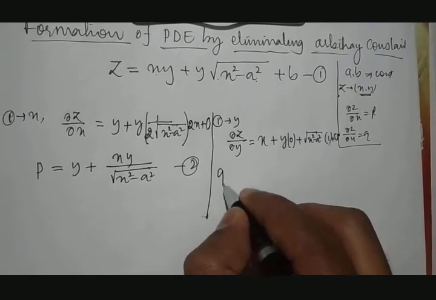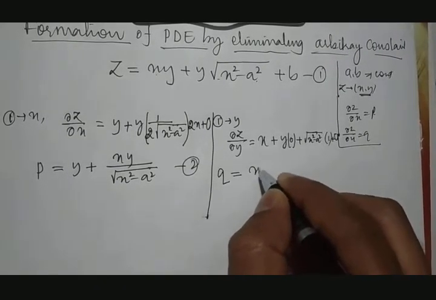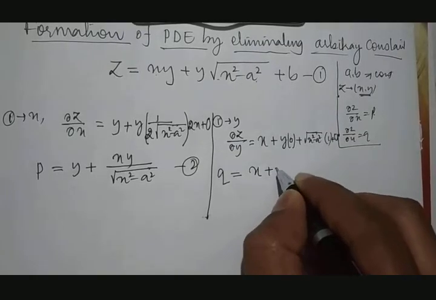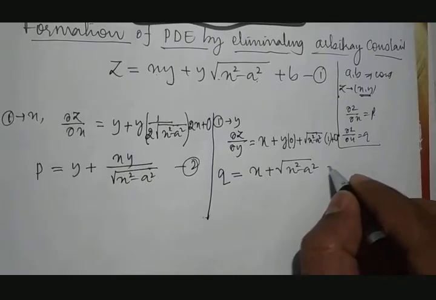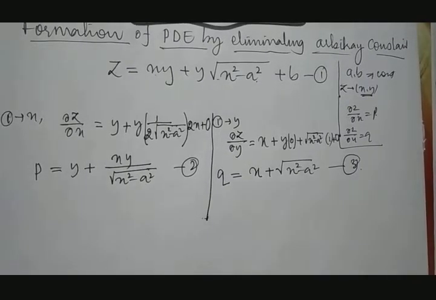Therefore, as per the notation, this is q equals x plus square root of x square minus a square. Fine. This is equation number 3.